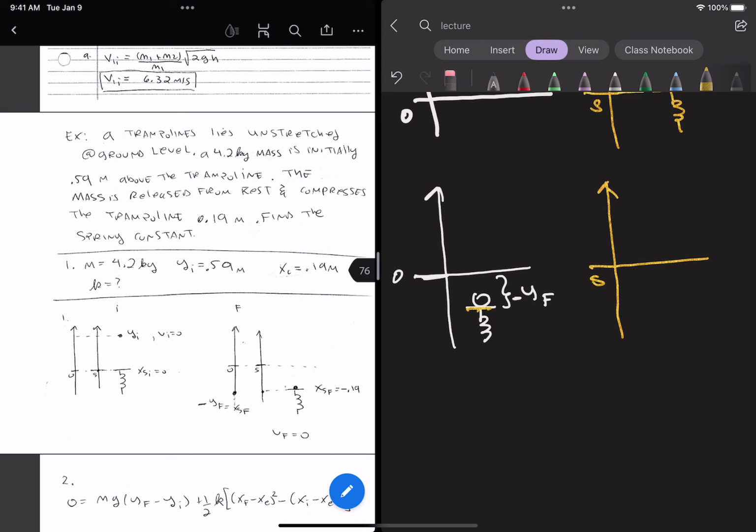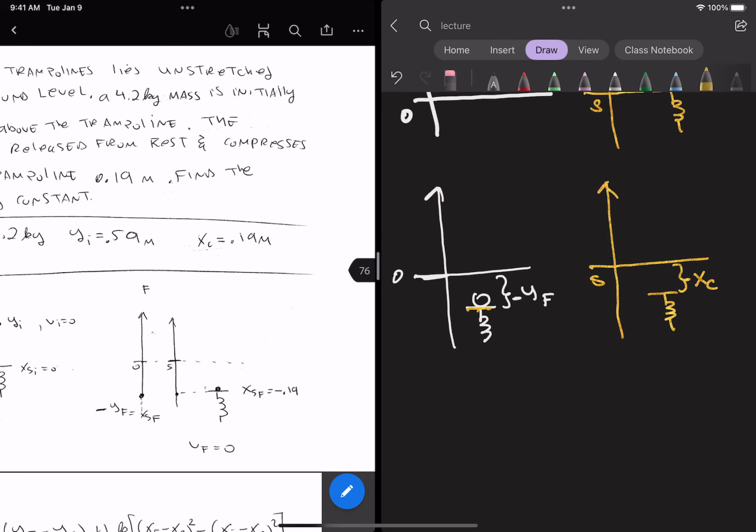The spring is drawn here, but I'm going to redraw it from the spring's perspective. In the spring coordinate system, the spring is compressed by the distance x compression, which we have here, the 0.19, and here we're also going to define that to be negative. The thing to notice is that the distance the mass is below the origin is the same as the spring compression.